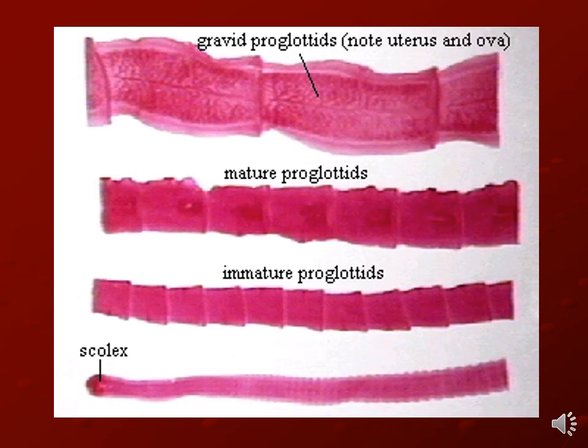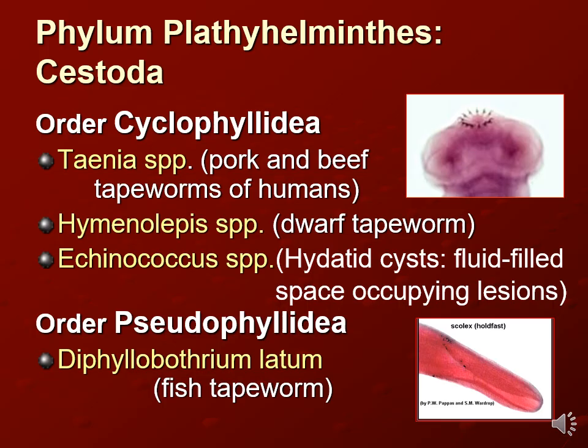Here we have the scolex and the segments that are produced from the neck behind that. Then we have immature segments, mature segments or proglottids, and then the gravid proglottids. And what you see inside the gravid proglottids is the uterus that is full of eggs.